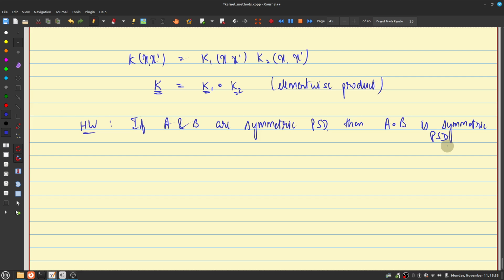Exercise. One way of proving this is through the eigen decompositions of A and B.